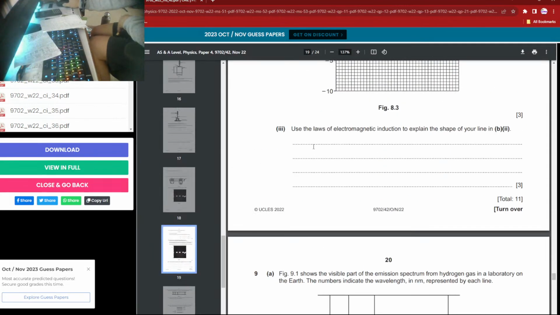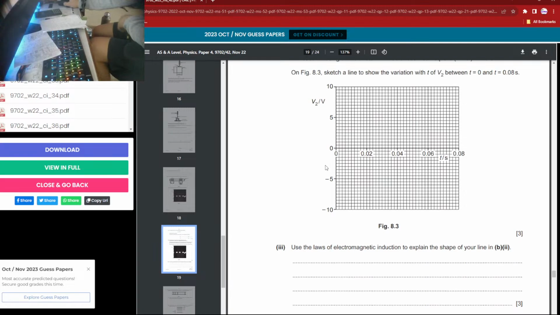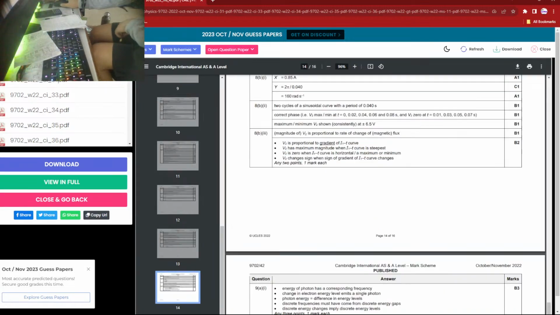Wow. Use the laws of electromagnetic induction to explain the shape. Oh, you have to explain the shape, why it's like that. Yeah, my explanation's really off. My explanation was explaining why there's the graph, but not why the graph is shaped that way.